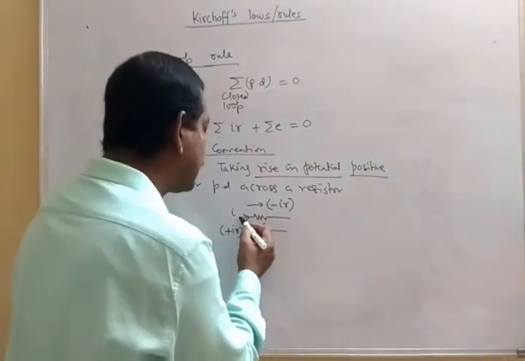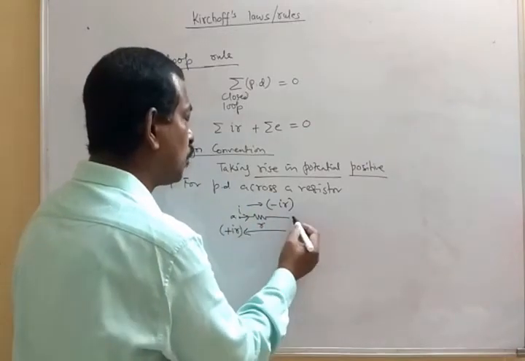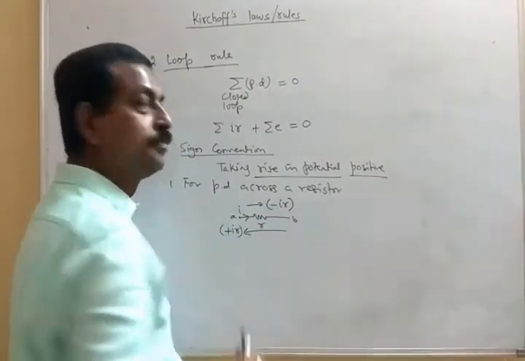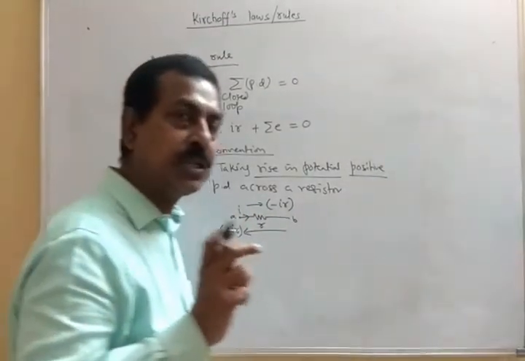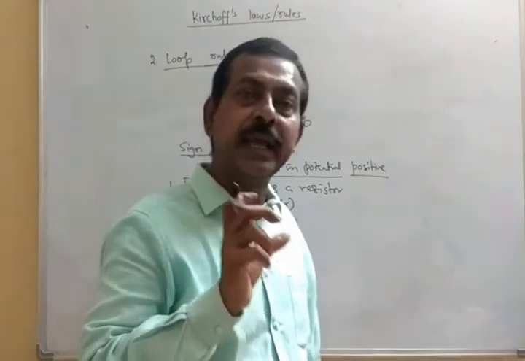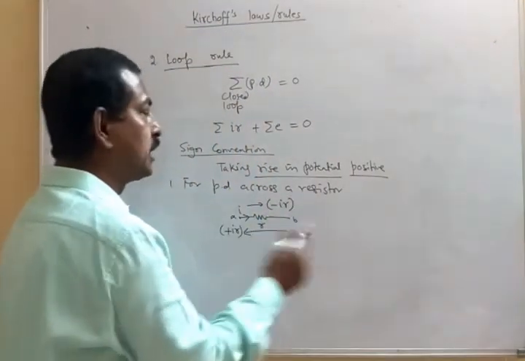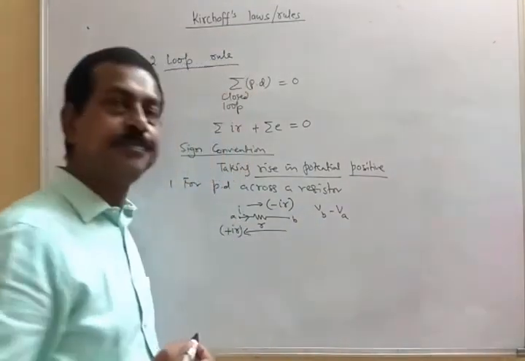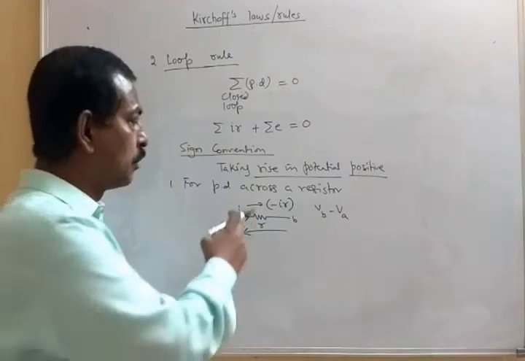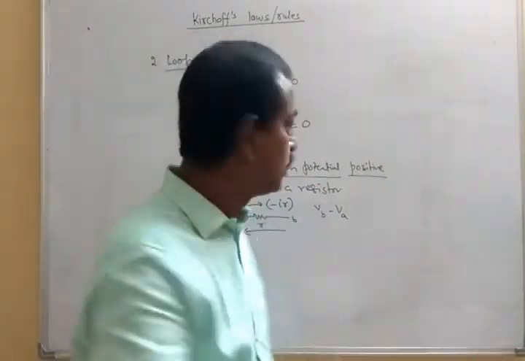Now why are we taking this? Suppose I take this as point A and this as point B. If we are moving from A to B, we are taking the potential difference between points A and B. Obviously, it will be the potential of B minus the potential of A, that is, the potential of the final point minus the potential of the initial point.